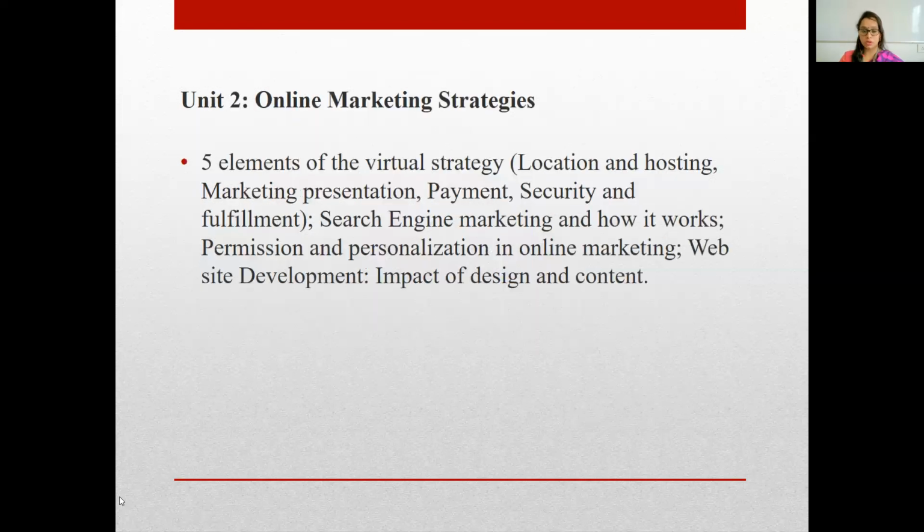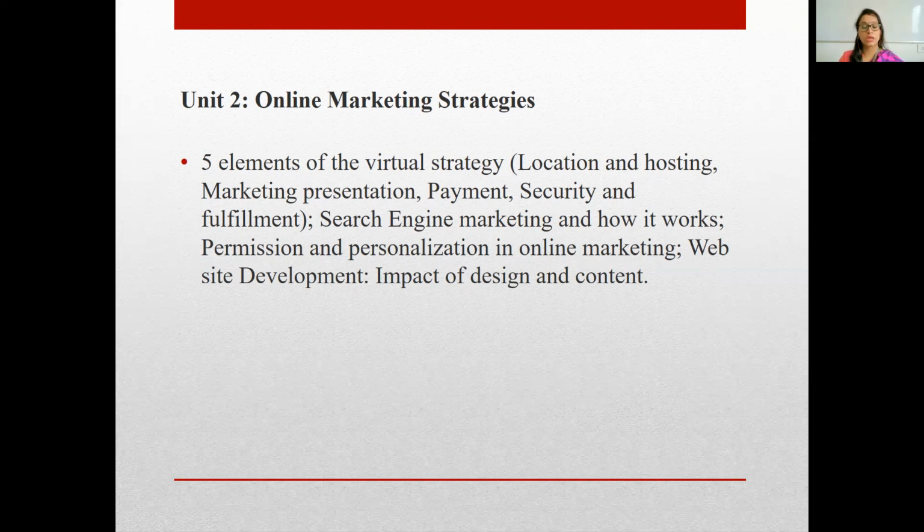Unit 2 talks about the online marketing strategies, where very crucial elements have been covered on the virtual strategy that talks about the location, hosting, marketing presentation, payment, security, and the final stage that is the fulfillment. Then we'll try to learn what is the SEM, that is search engine marketing, and how it works.